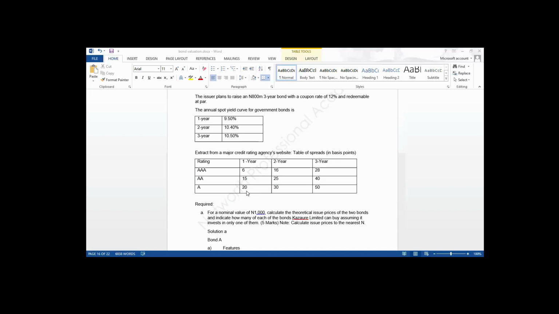You are going to divide 20 by 100. That will give you 0.2%. You are going to divide 30 by 100. That will give you 0.3%. You are going to divide 50 by 100. That will give you 0.5%.